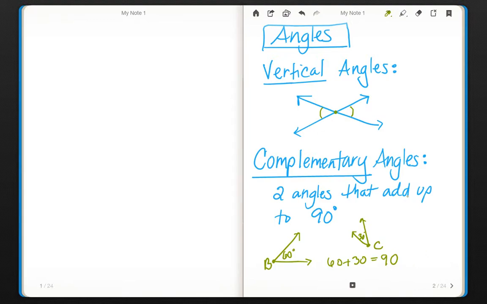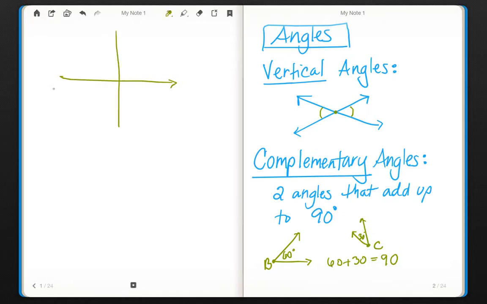You can also have another way to find complementary angles. I'll draw this here. I can have something coming out like that. And another way to name angles is to put a little number inside of them. So maybe this is angle 1, angle 2, angle 3, angle 4, angle 5.